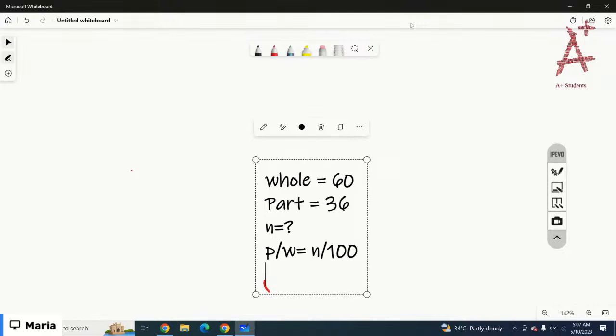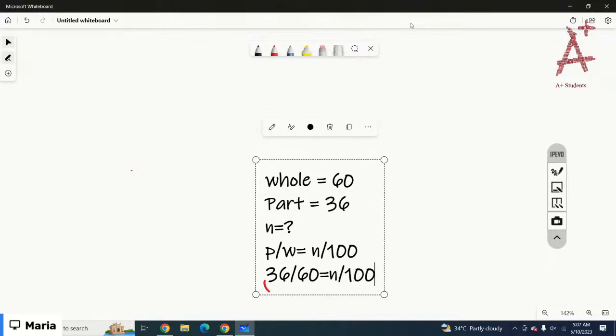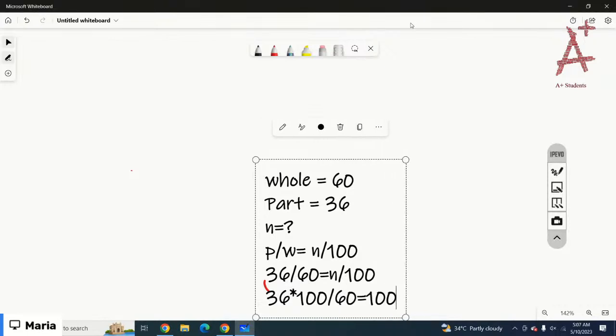Part is 36, so it would be 36 divided by 60 and that equals n divided by 100. So just cross multiply. It would be 36 times 100 and you have to divide it by 60, and that equals n.